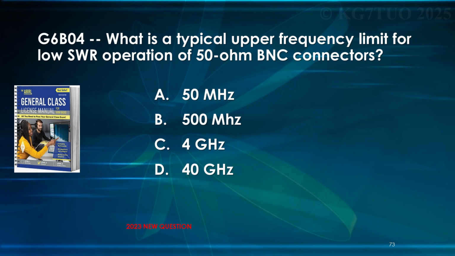So the guess is maybe B for 500 megahertz, or even C, 4 gigahertz. And it's C, 4 gigahertz. So how many megahertz is 4 gigahertz? 4 billion? 4 million. Oh, 4,000. Yep. So it'd be 4,000 megahertz.